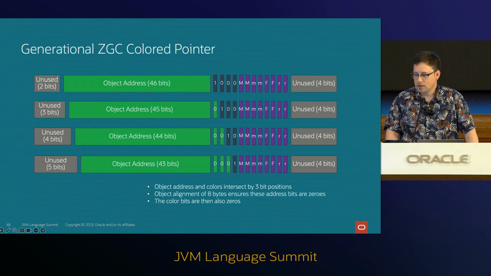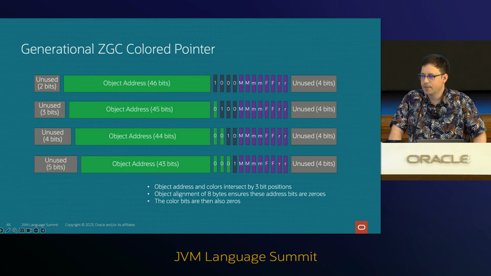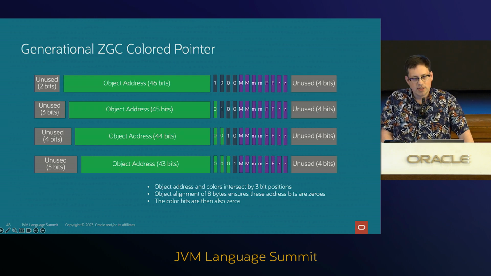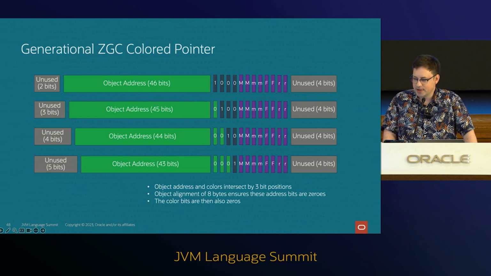So as you can imagine, since we have different shift indices or shift amounts, we're going to end up with addresses that have slightly different layout depending on which GC phase we're in. So as we can see in this picture, depending on which one of these bits are set in the remap bits, the dark blue ones, we have addresses starting at different indices.